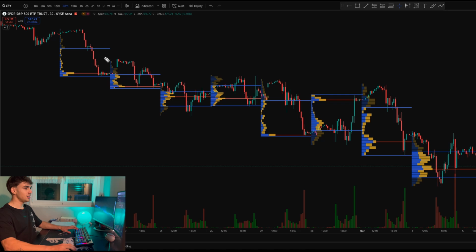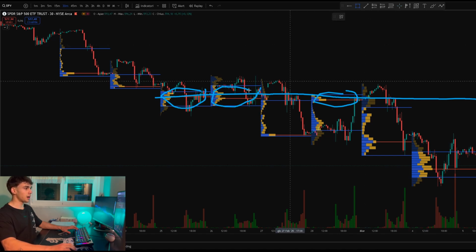Because as you can see here, you can simply identify where the most POCs align together. For example, this one, 1, 2, and 3, they all align at this price level, 594, right? So this is a really good supply area right now.